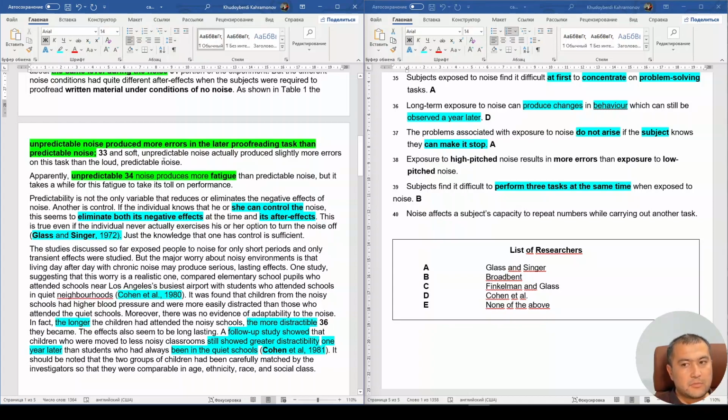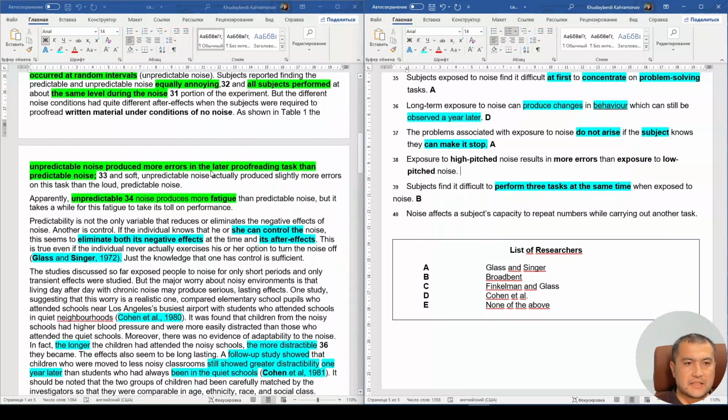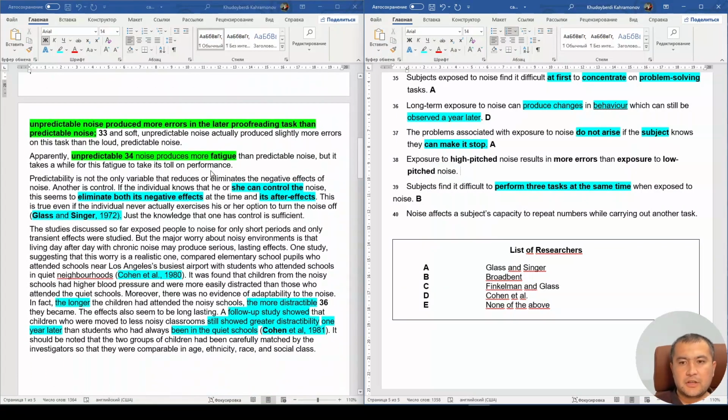However, it's talking about predictable, unpredictable, and here it says high-pitched noise, exposure to low-pitched noise. It doesn't somehow match here. As long as it should be matching, I have to say it's none of this. Somehow it's not given, right?